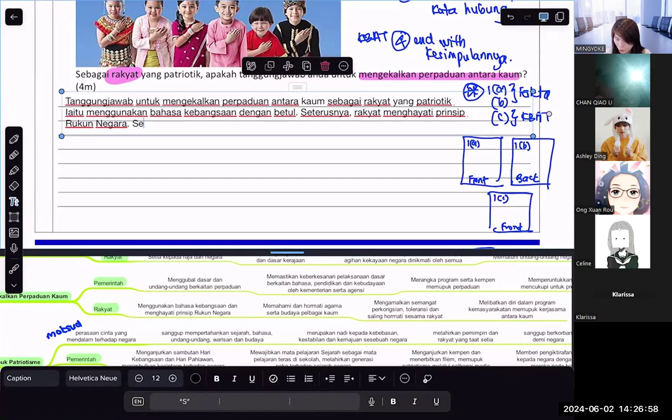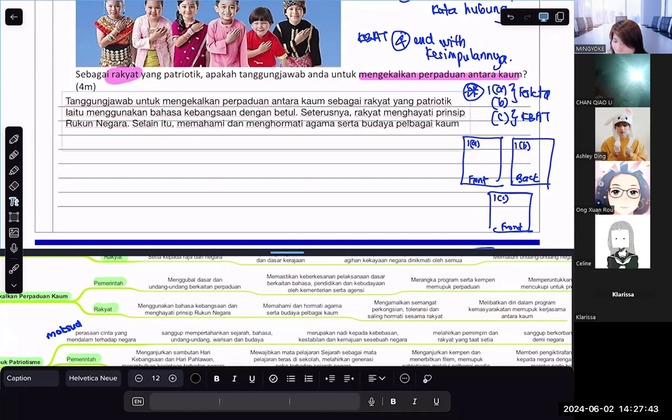Then you can also say selain itu, memahami dan menghormati agama serta budaya berbagai kaum di negara kita.